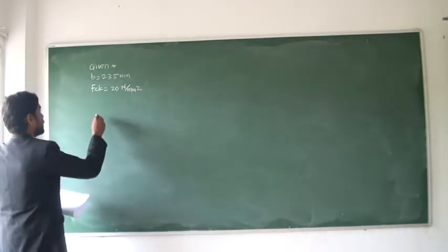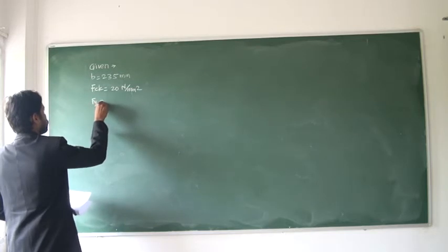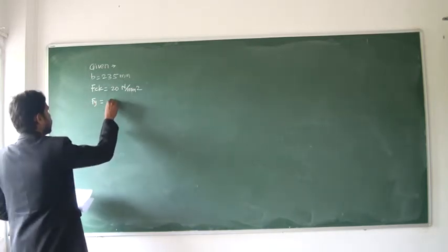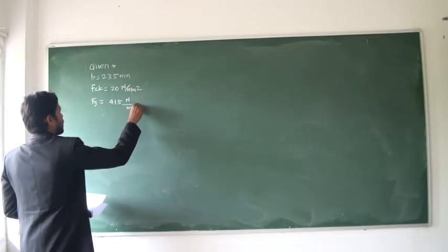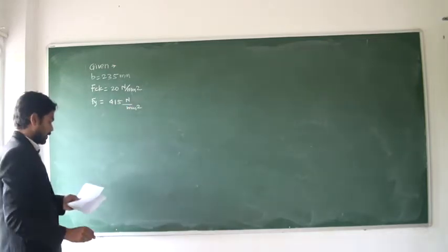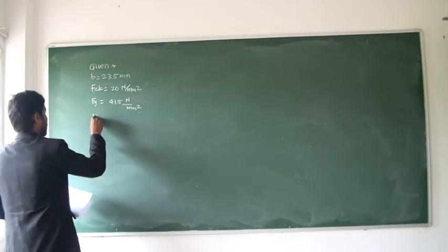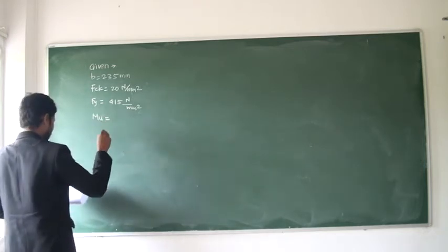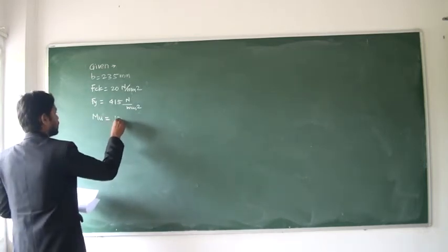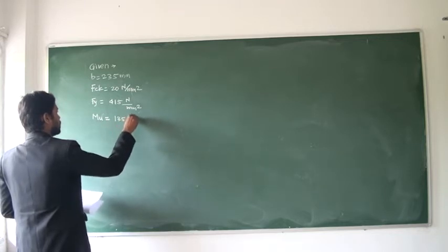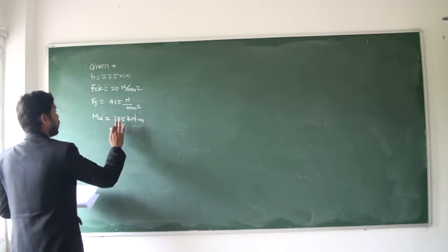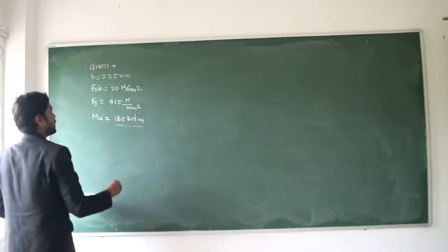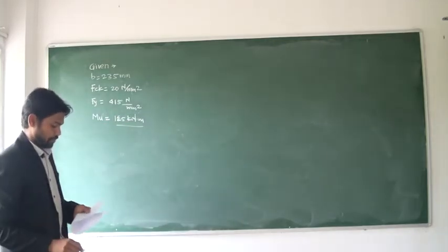Then the grade of steel is also given, so it gives Fy value 415 Newton per mm square. Then factored moment Mu is given, it is 135 kilonewton meter. Sorry, 125, not 135, 125 kilonewton meter.